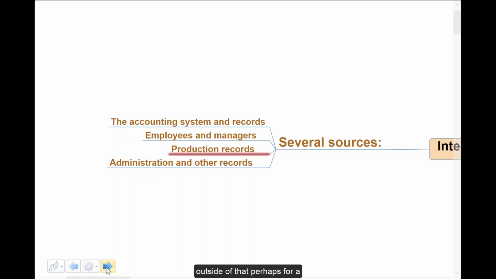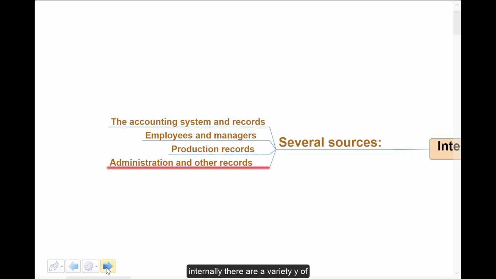Outside of that, perhaps for a manufacturing organization, if we dig deeper down into the cost of sales, we'll have production records. And in addition to that, clearly, administration is also important. Other records might include something like payroll records.